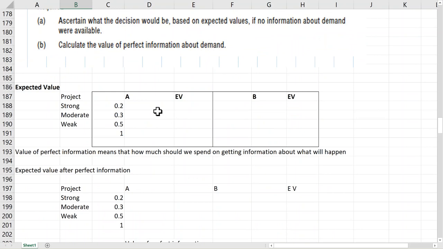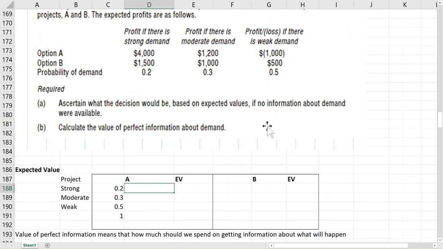Without the perfect information, if we look at A, we have 4,000, 1,200, and 1,000 loss. If we multiply that by probabilities, we get 800 and so on, and when added together, we have a total outcome of 660.